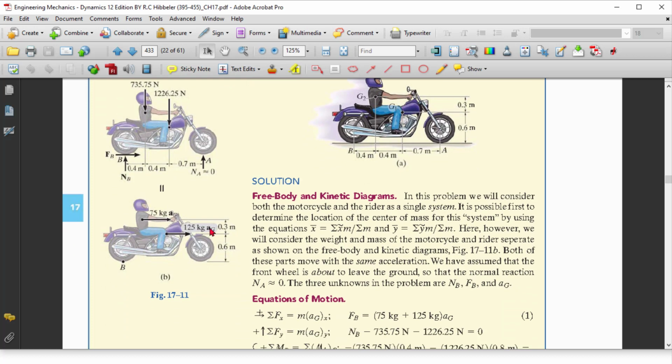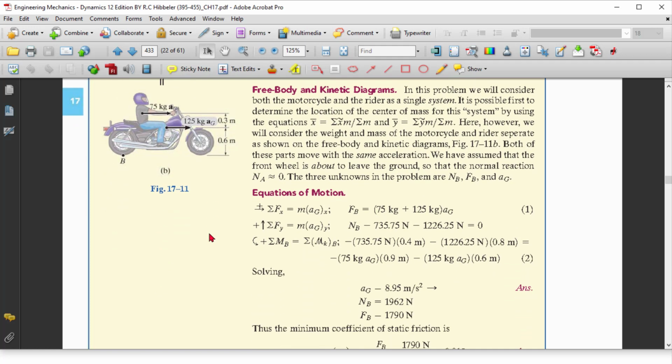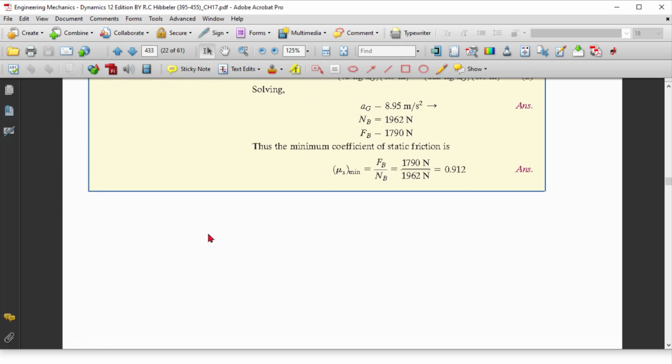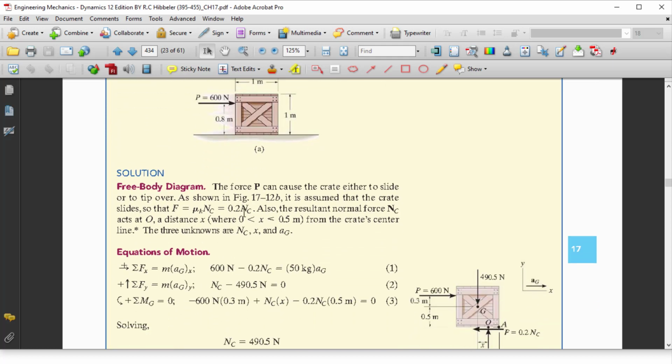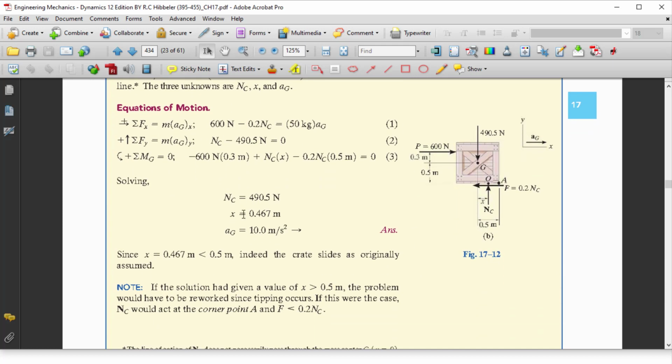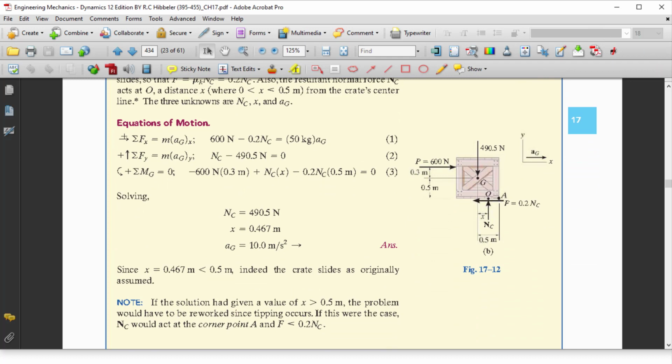And here is the kinetic, the kinetic for the rider separated from the kinetic for the motorcycle. So I'm advising you to solve the equation the way we solved earlier in this slide, plus the kinetic, plus the suggested problem. See you soon.